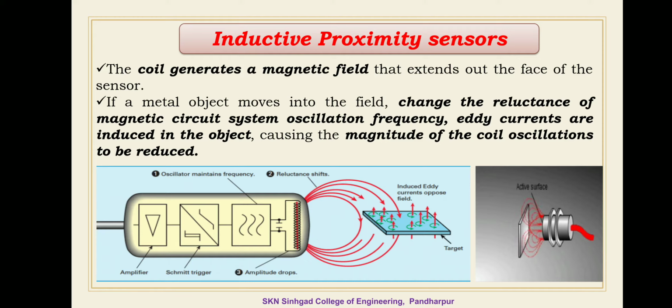When a metal object is placed in the field, an eddy current is induced on the object. This is the basic principle of the inductive proximity sensor.